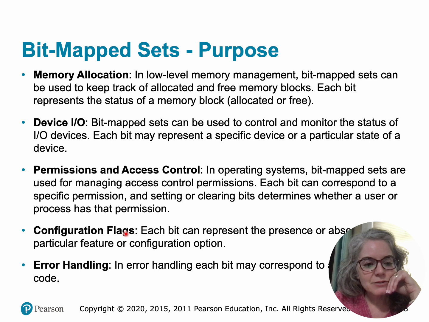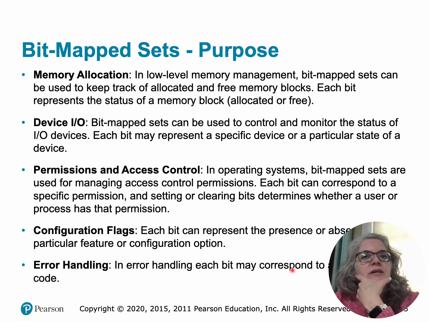Configuration flags. Each bit can represent the presence or the absence of a particular feature or configuration option. And then error handling. Each bit may correspond to an error code.